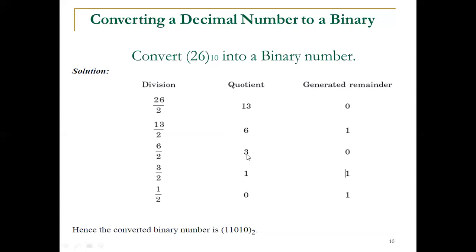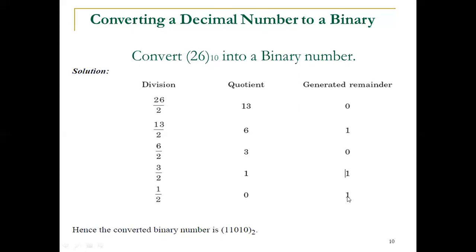The quotient is 3 and the remainder is 0. Then 3 divided by 2: the quotient is 1 and the remainder is 1. Continue this up to the 0 value. Further we cannot continue this process because the quotient is 0. So the remainders are 0 1 0 1 1.